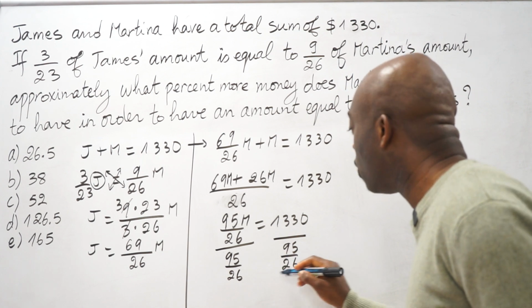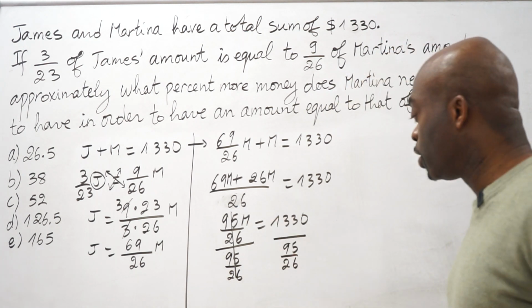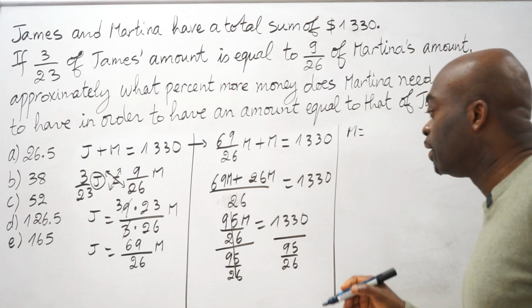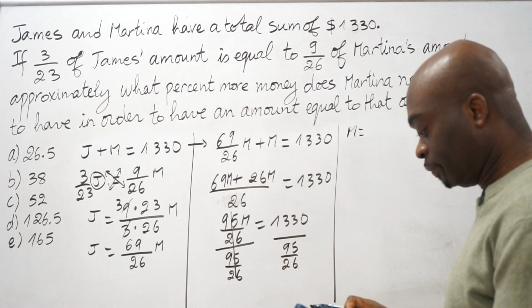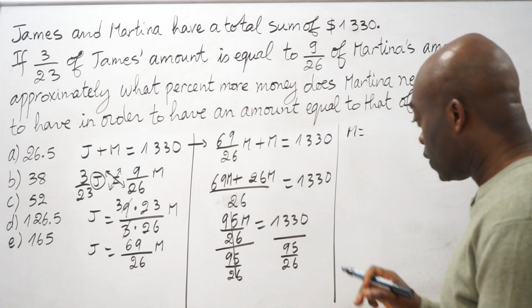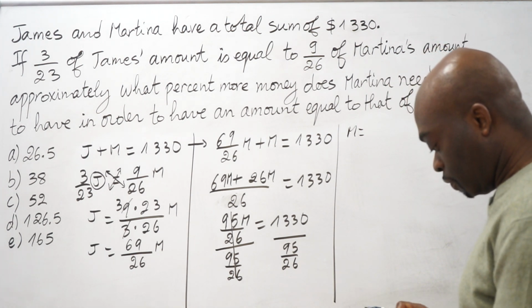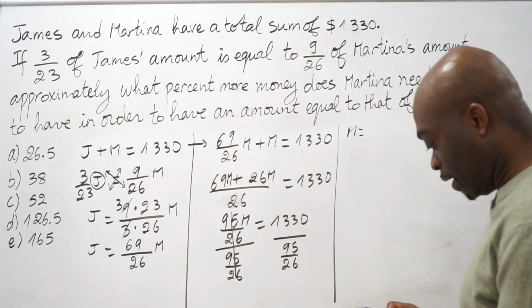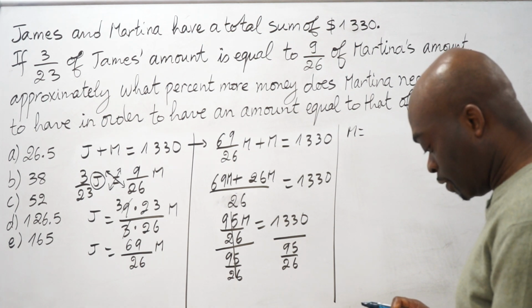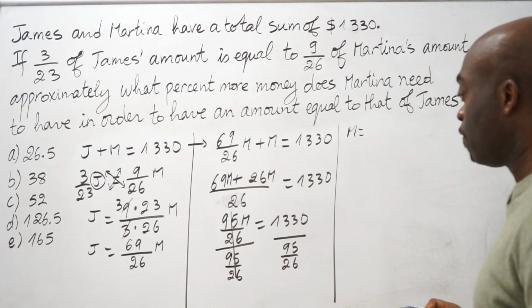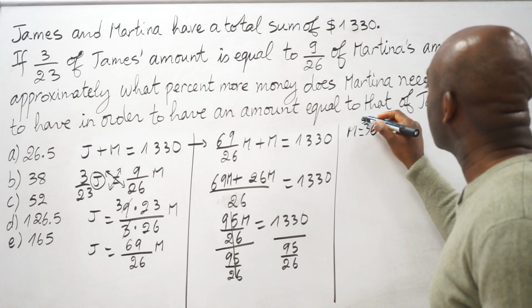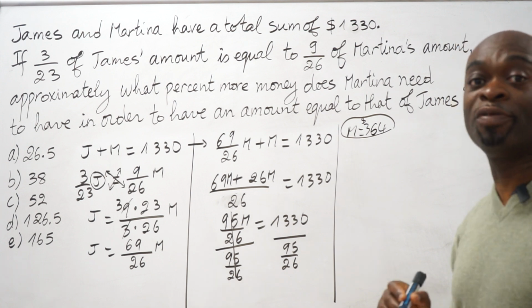So M is going to give us 1,330 divided by 95, which is 14, times 26, and we're left with 364. That's the amount for Martina.